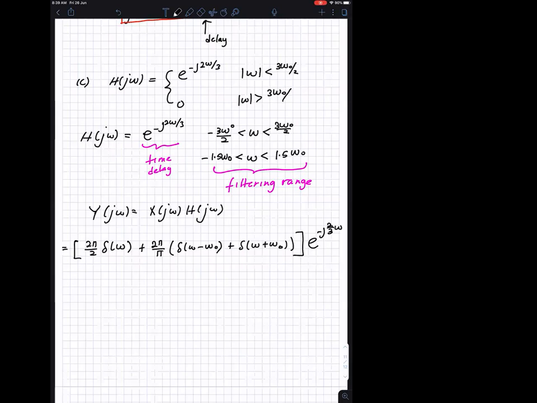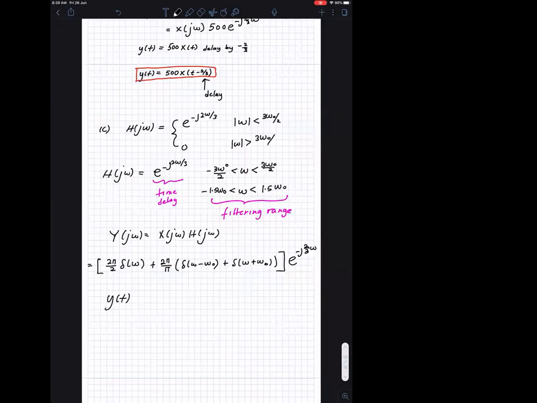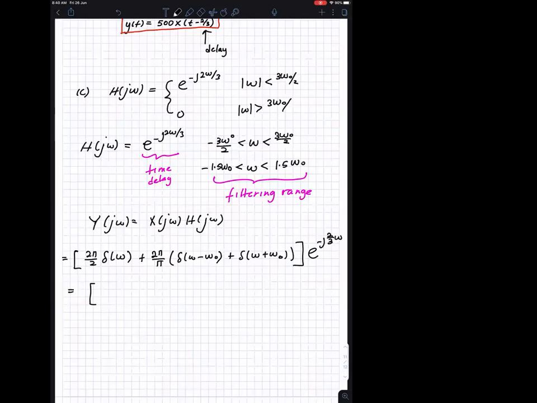Take the inverse Fourier transform of this. You got any question? And then we have to multiply by this e to the minus j 2/3 omega.